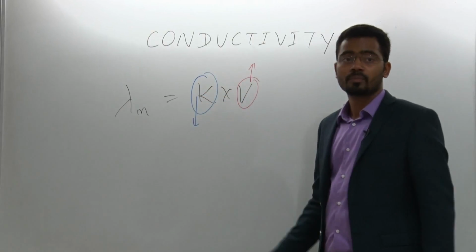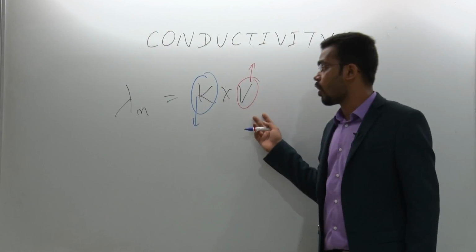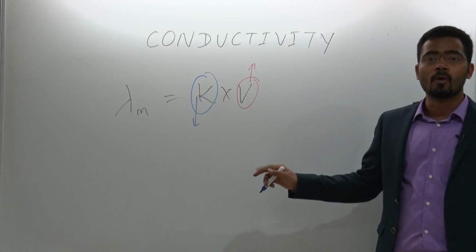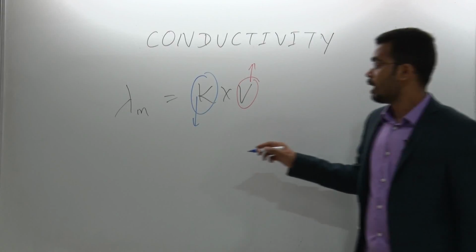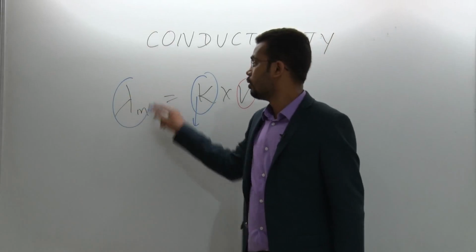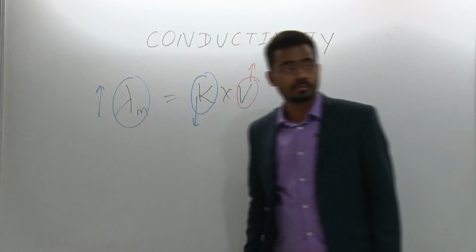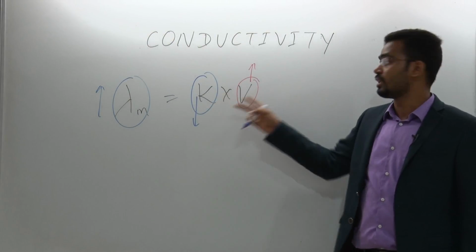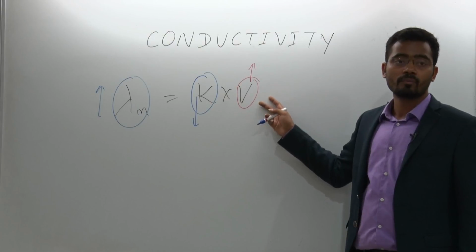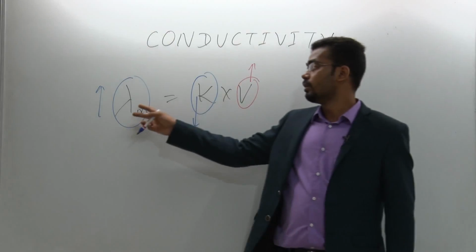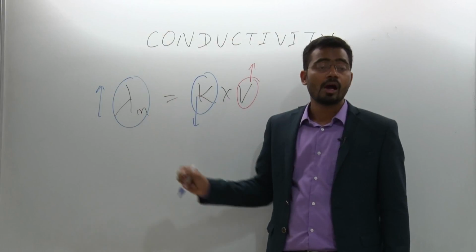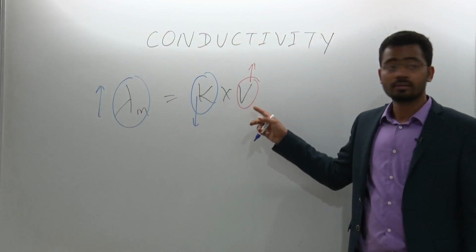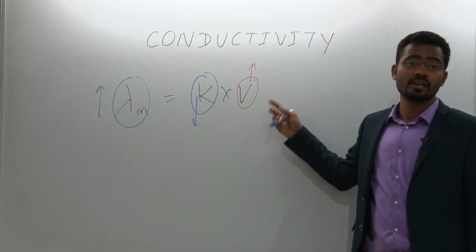Yes or no? But the rate of increase of volume is greater than the rate of decrease of K. Therefore, on dilution, lambda m will increase. So the rate of decrease in K is less than the increase of volume. Therefore, molar conductivity will always increase with decrease in concentration or increase in volume.